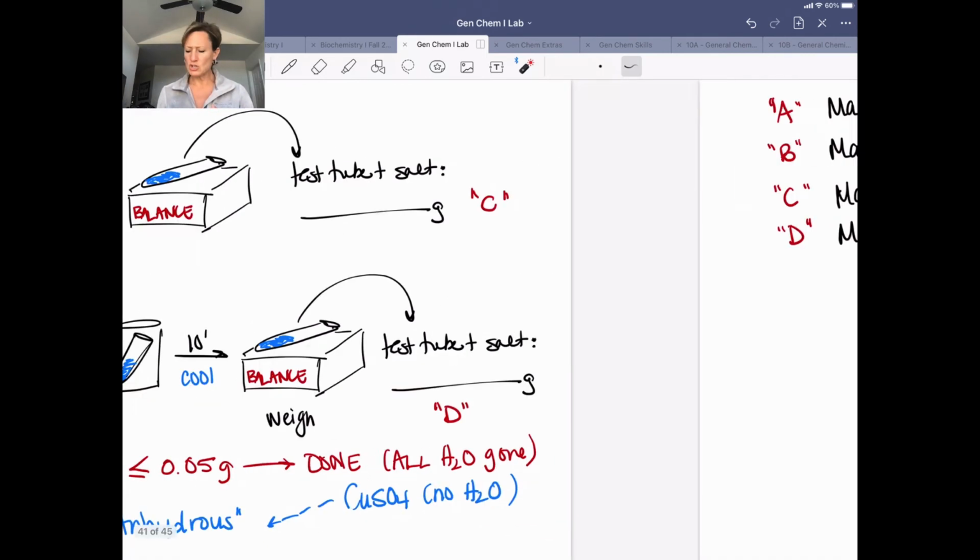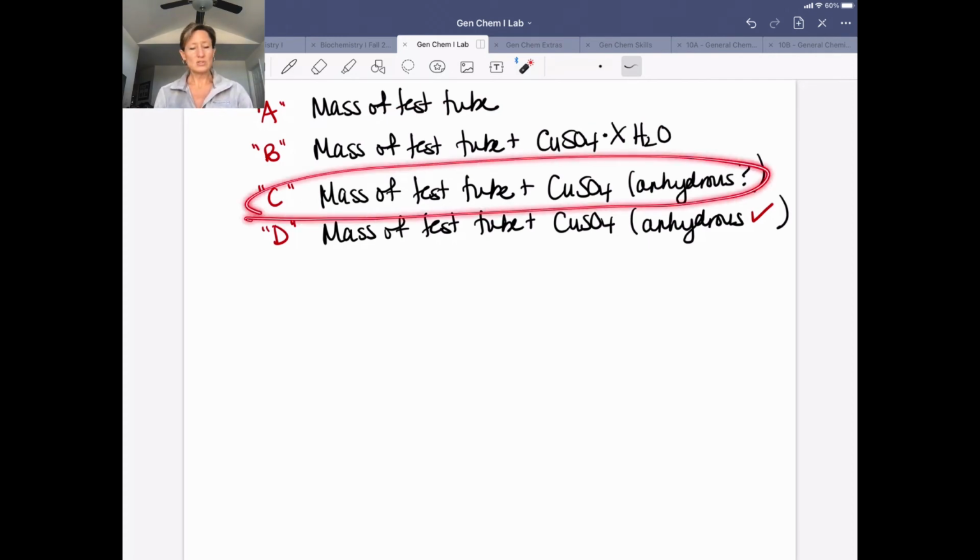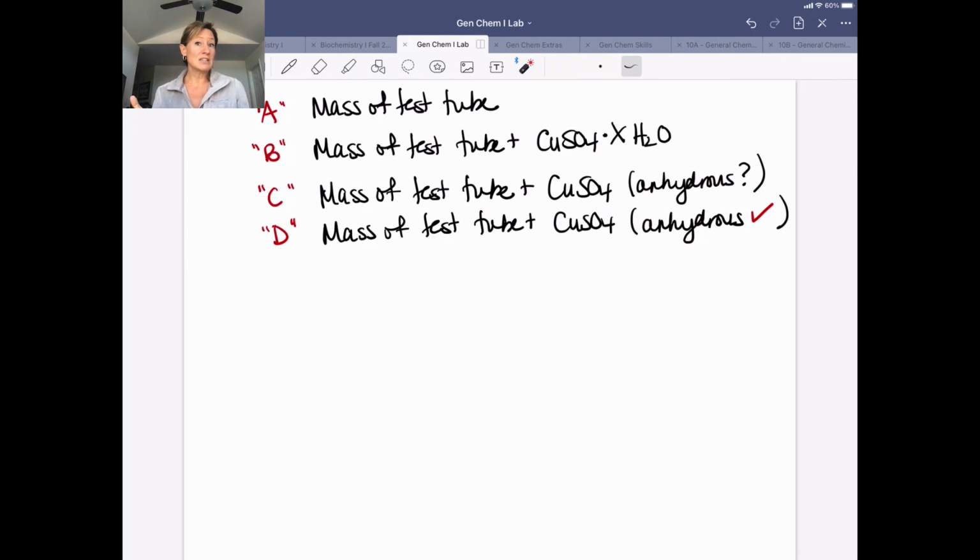Okay, so what are we going to do with all of these numbers? Remember, there should be 4 data points that you have in terms of masses you've measured to 4 significant digits. We started out with the mass of the test tube, A, and then we had the mass of the test tube plus our hydrated salt, B. And then we took our first mass after we heated it, C, but we didn't know if it was fully anhydrous, so we heated it again.